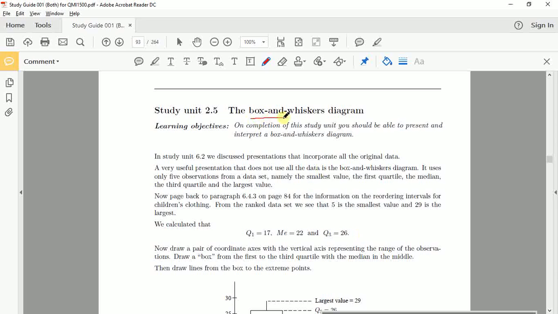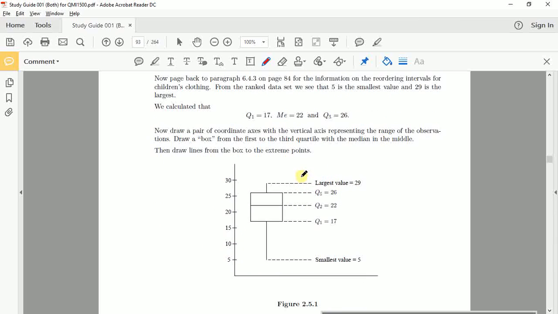Box and whisker diagrams. It's looking at this. When you're looking at a box and whisker, you've got these quartiles: Q1, Q2, Q3. Those are the quartiles. And then these whiskers, that's called a whisker. The whisker is for the minimum and the maximum.